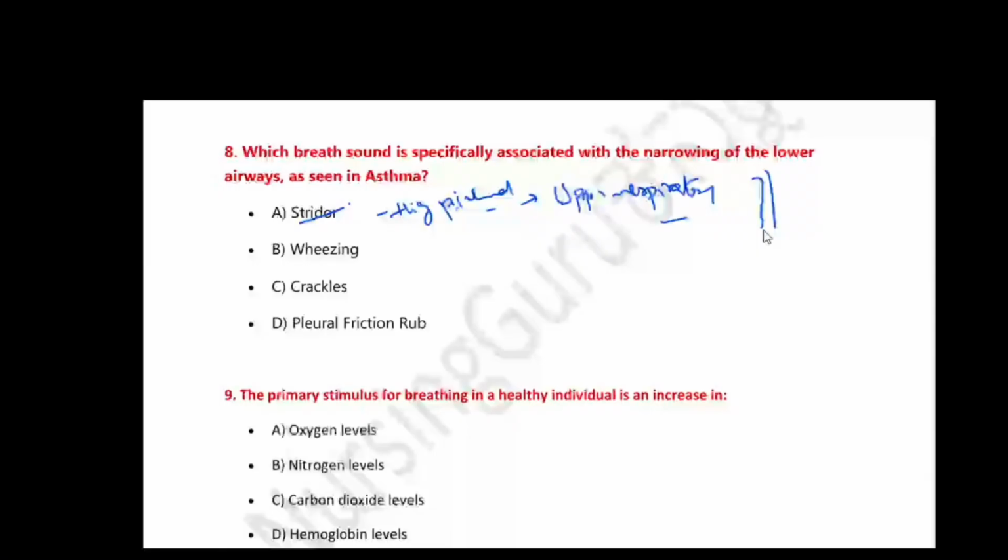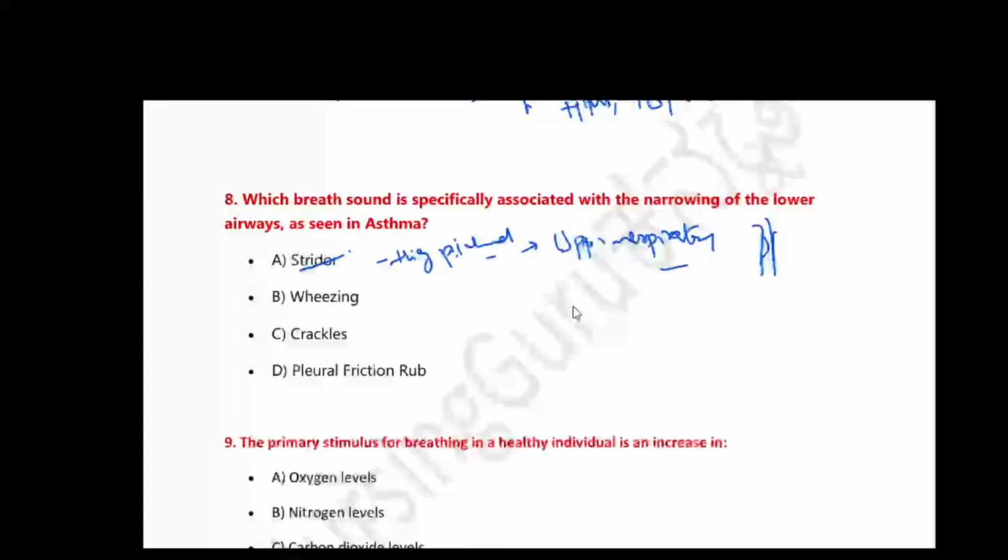When there is a narrowing of these parts, at that time we may hear this type of sound, stridor. Then wheezing is also a high pitched whistling sound. We whistle, no? Like that sounds are heard.